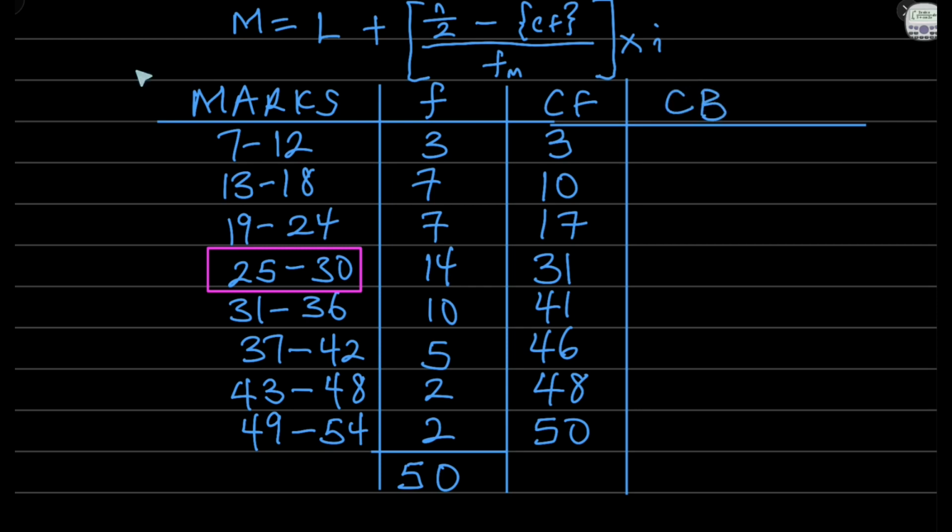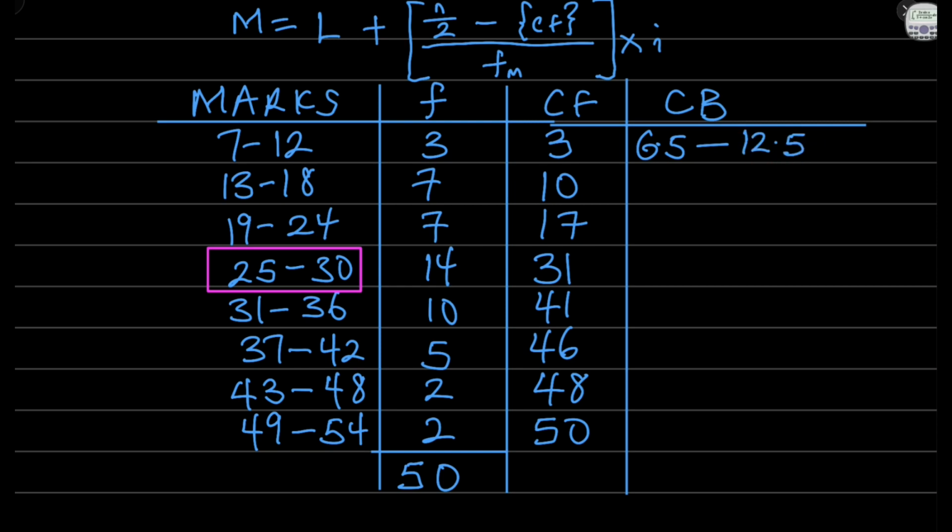So the first one, the lower class limit here is 7. So all I need to do is subtract 0.5 from 7 to form the lower class boundary of that class, and then to get the upper class boundary I just need to add 0.5 to the upper class limit of that class.